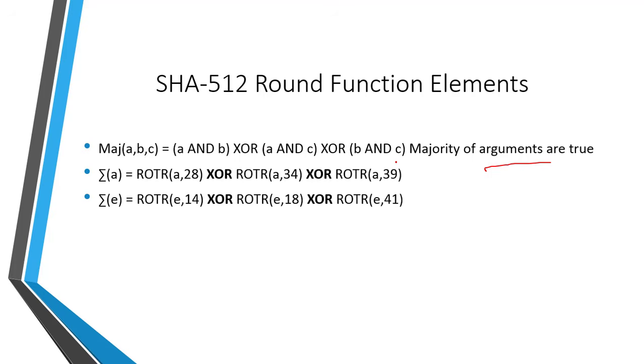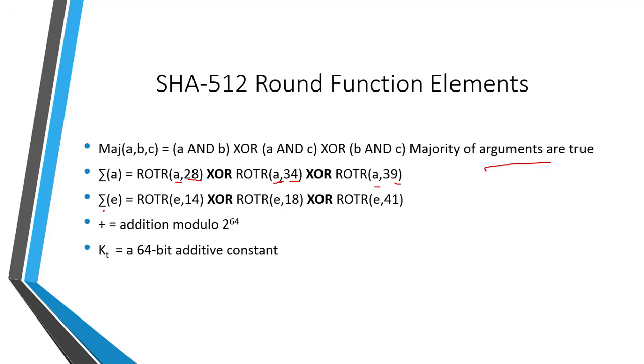Now we will see what the summation of A is. Summation of A equals the circular right shift of the 64-bit argument A by 28 bits, exclusive OR with the circular right shift of A by 34 bits, exclusive OR with the circular right shift of A by 39 bits.